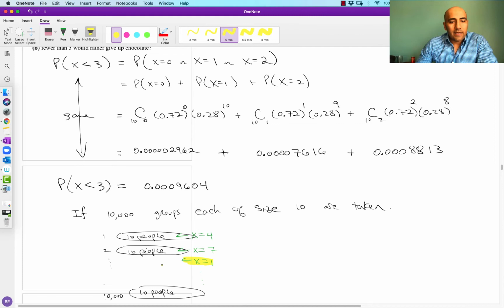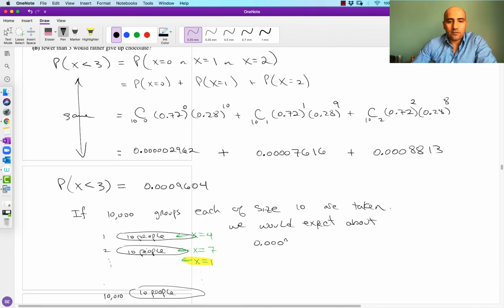Like this is one of them. How many of them? Well, this is the percentage of the 10,000 that we would expect would satisfy that, right? So if 10,000 groups, each of size 10, are taken, we would expect about, and then we multiply those two values, 0.000996, 9604 times the 10,000, and that gives you about 9.6.